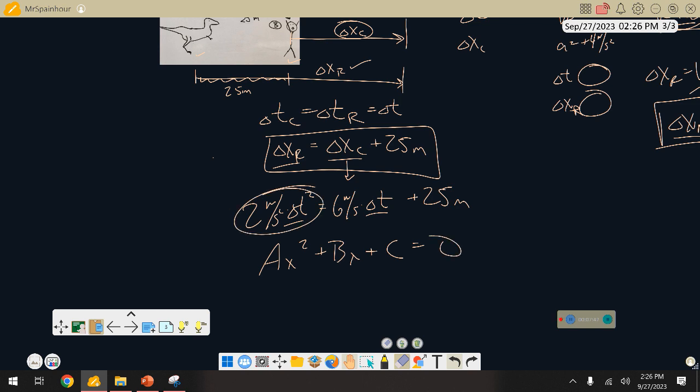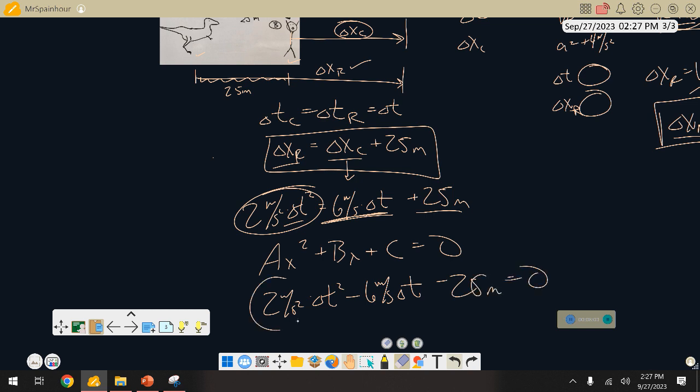Already got that on one side, so I'm going to make this 2 meters per second squared times time squared. This is not on the same side, so I'm going to subtract that, minus 6 meters per second delta t. And same thing here, I'm going to subtract that on the other side, 25 meters equals 0. So that is A, that is B, and that is C.